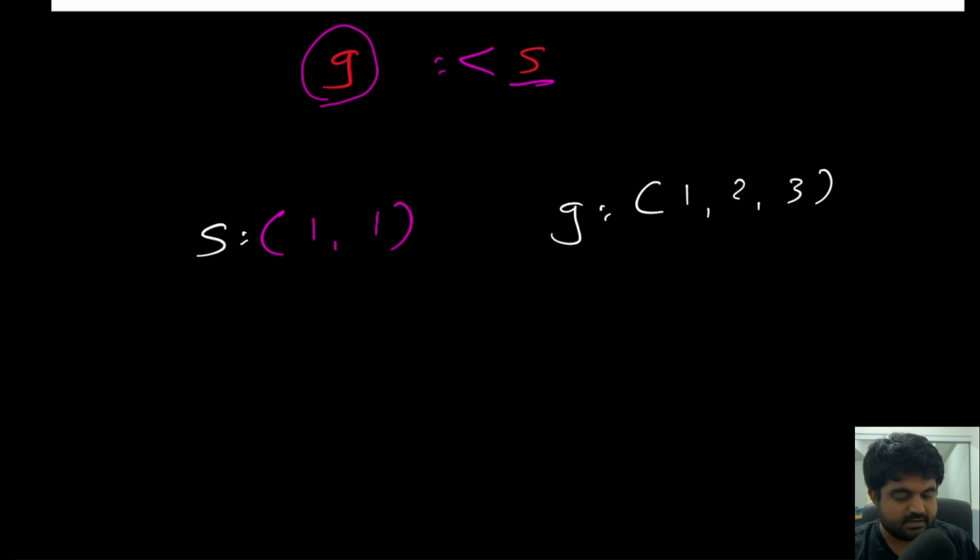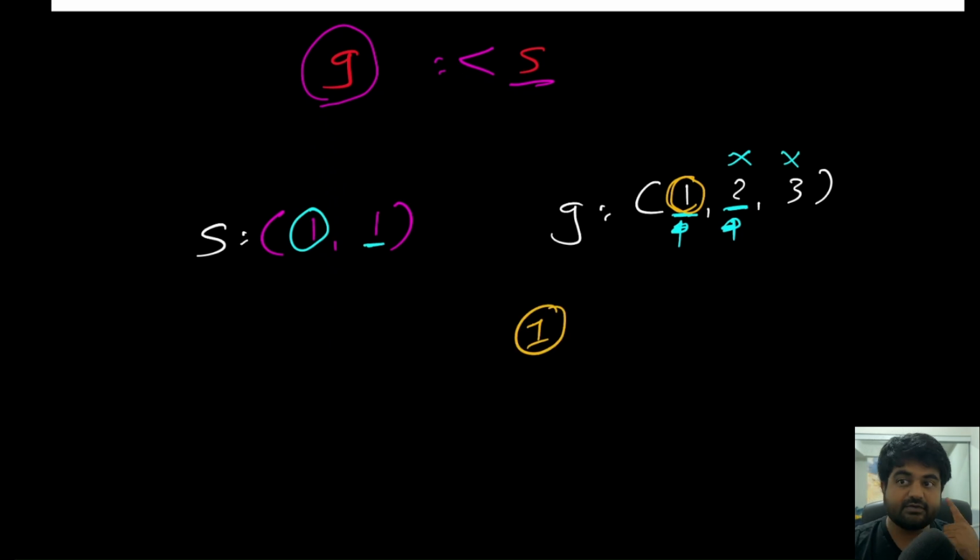For child 1, because that child has a greed of 1, we can feed a cookie of size 1, so that's fine. But child 2 has a greed of 2, and we only have the remaining cookie of size 1, which means we cannot feed this child, or the next one either. So in this case we need to return 1, because we are only satisfying the greed of one child. So this is the whole problem statement.